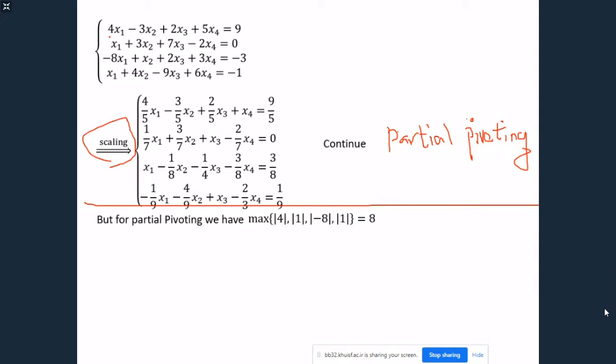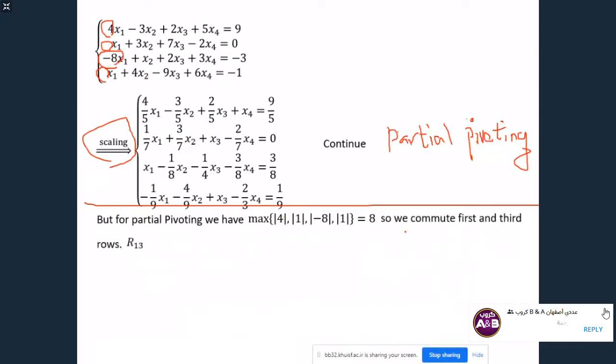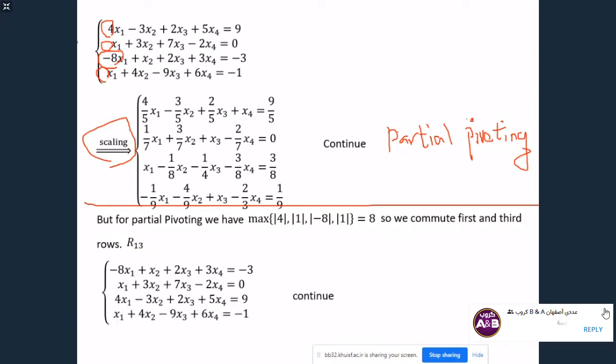So I calculate the maximum between 4, 1, minus 8 and 1. It will be 8. So we commute the first and the third rows. That means R1,3. So minus 8 x1 plus x2 plus 2x3 plus 3x4 equals minus 3.